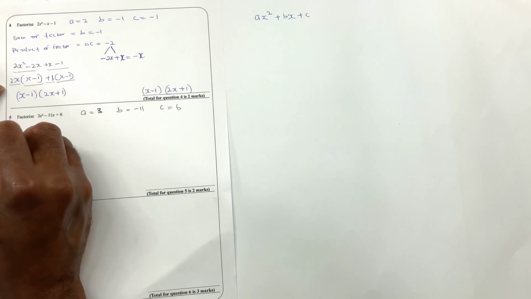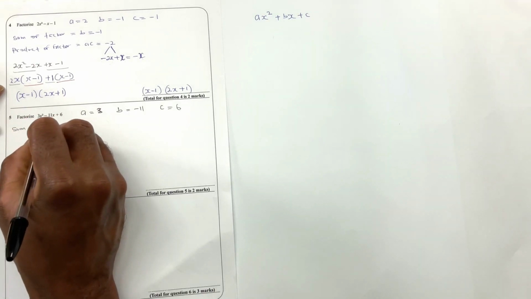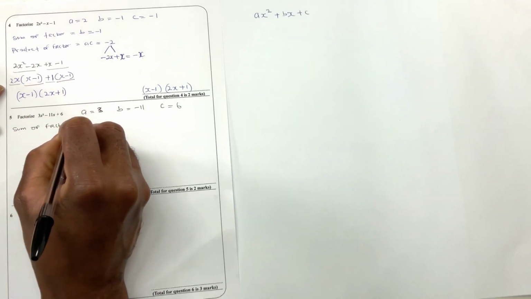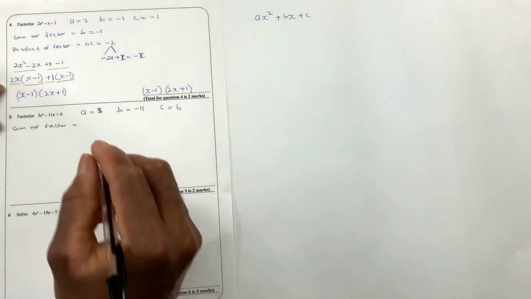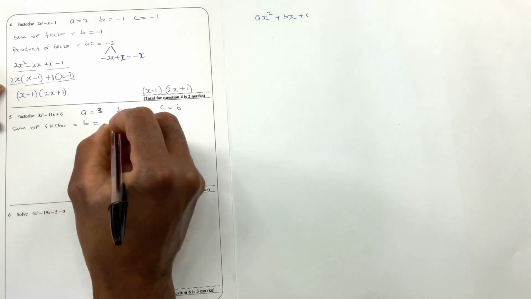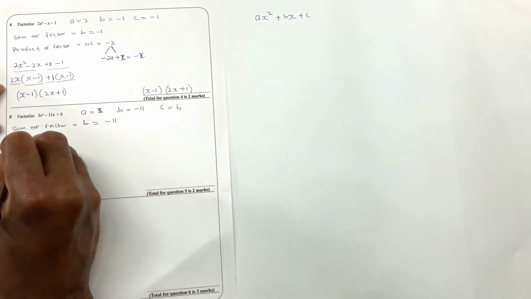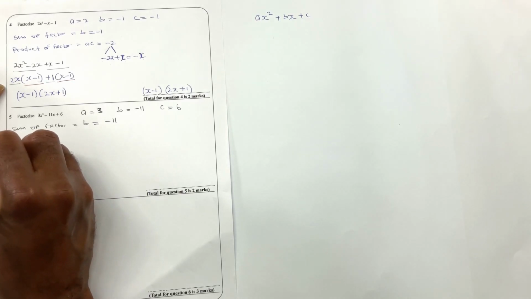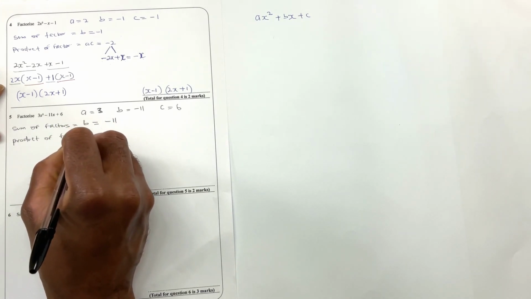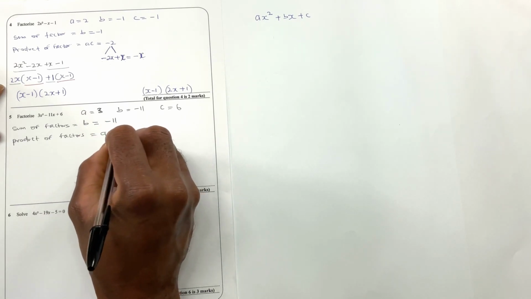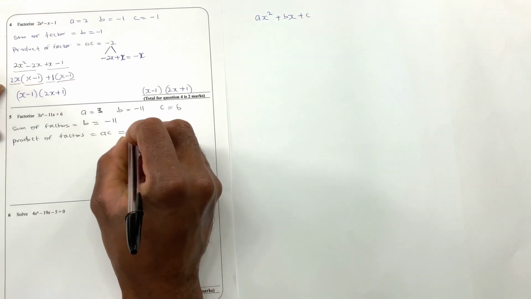I need the sum of factors equals b, and that equals minus 11. Product of factors equals ac, and that equals 3 times 6, and that's 18.